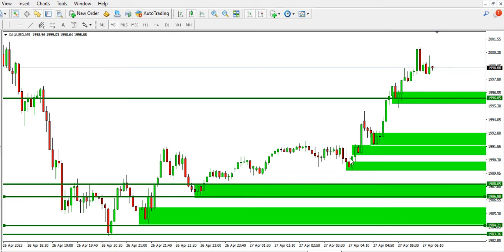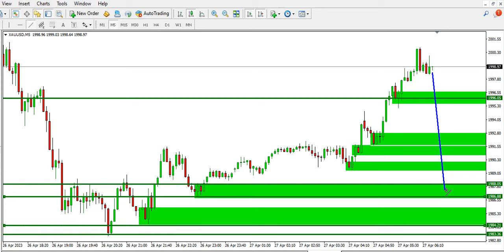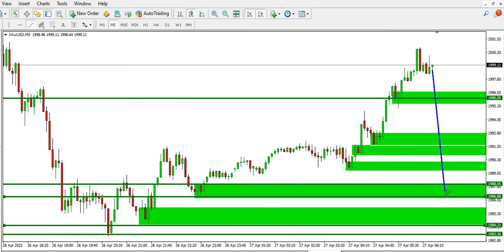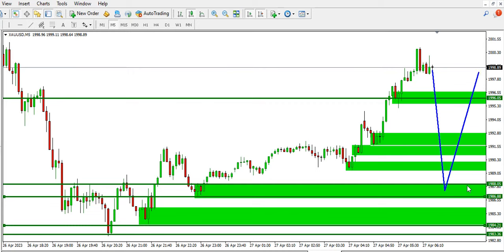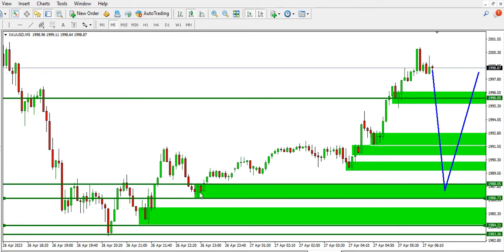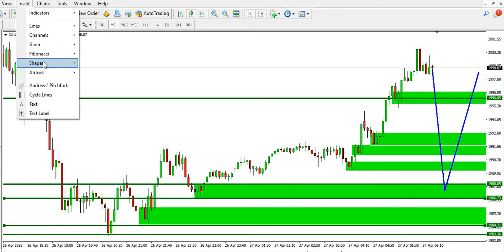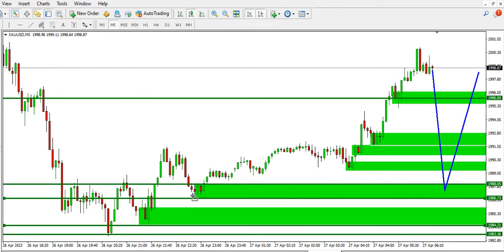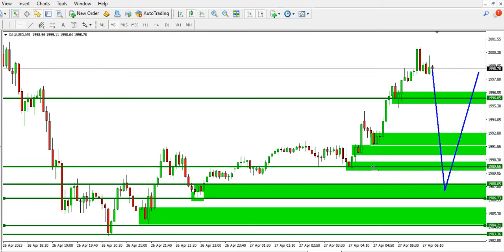If you expect price to come here and find some level of buying force, you could place your buy limit here, and when price picks your buy limit, it can go back up, but your stop loss will be below this particular candle right here.